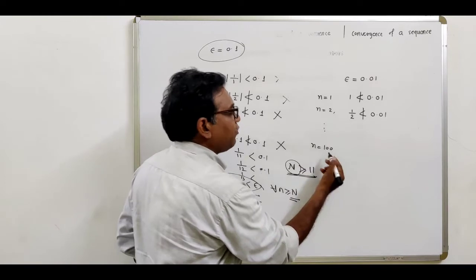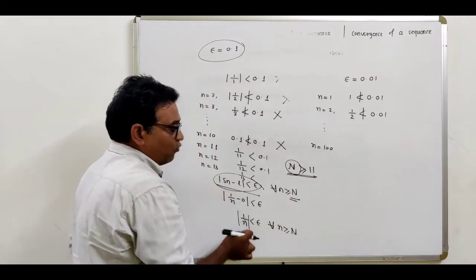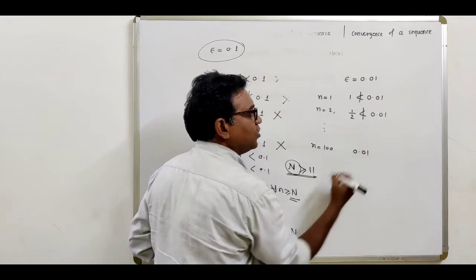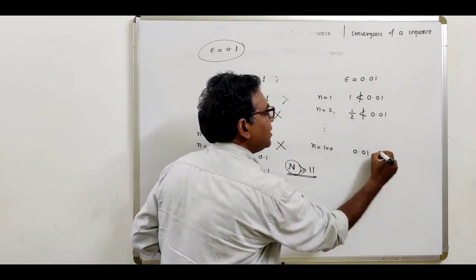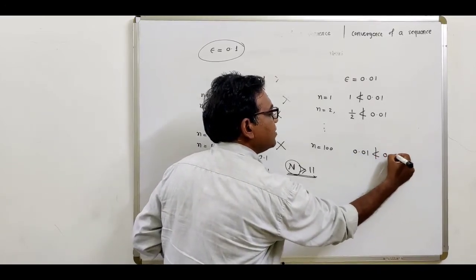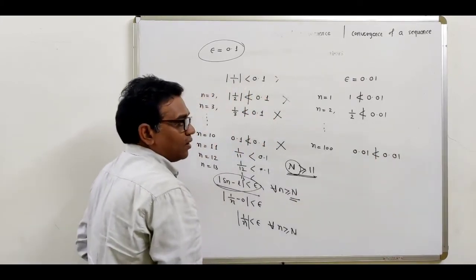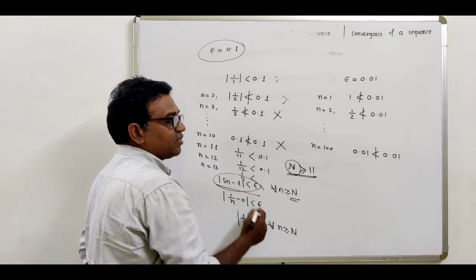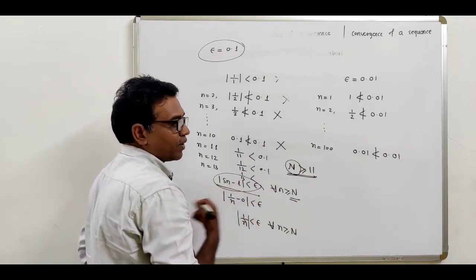If you put n equal to 100, what is the left hand side? 1 upon 100, which is 0.01. Still it is not less than 0.01. So if you take n equal to 1 up to 100, this condition is not satisfied.